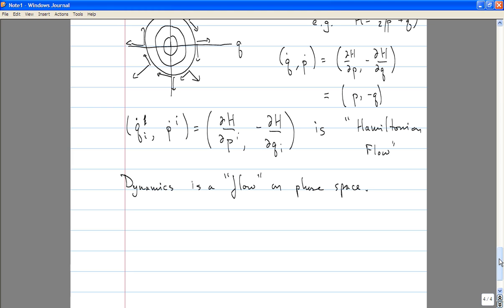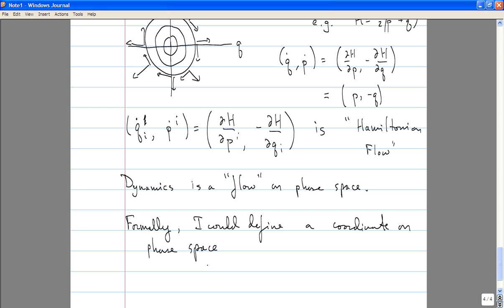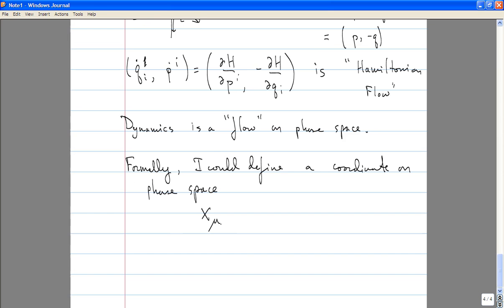So formally, rather than thinking of Q and P as separate objects with an index that runs from 1 up to n, I could define a coordinate on phase space. Let's call it, say, x mu, where mu is an index that runs from 1 up to 2n.